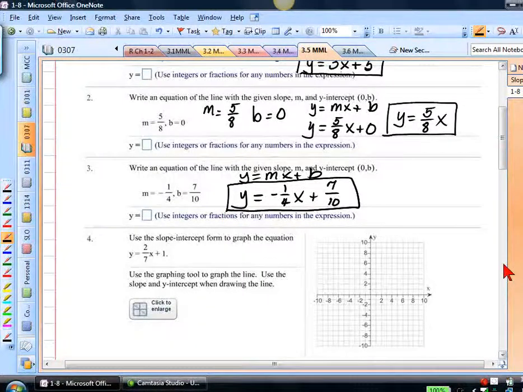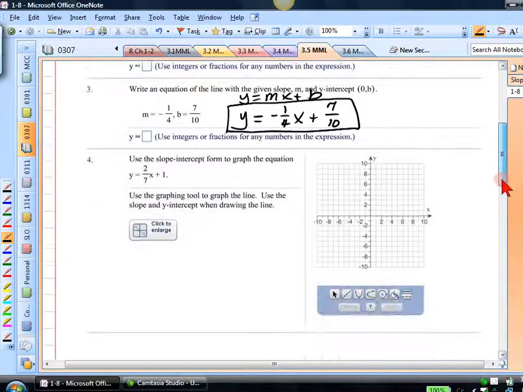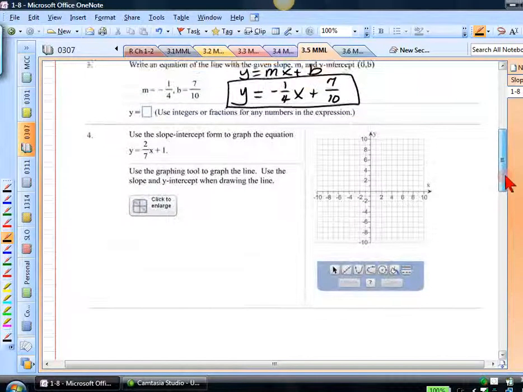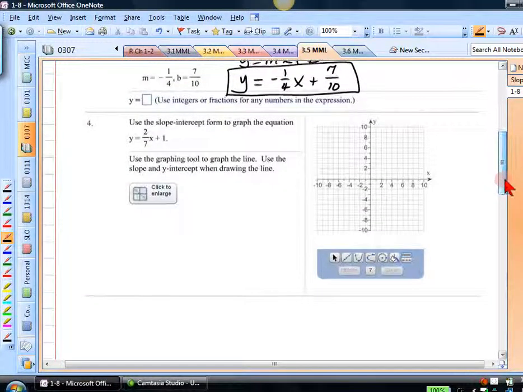When you get to number 4 in my MathLab, it now is switching over to graphing. It says, use the slope-intercept form to graph the equation. You're going to want to be aware of instructions for which of the 3 techniques you are supposed to use. When you take a test over this, the test will specify which technique to use.